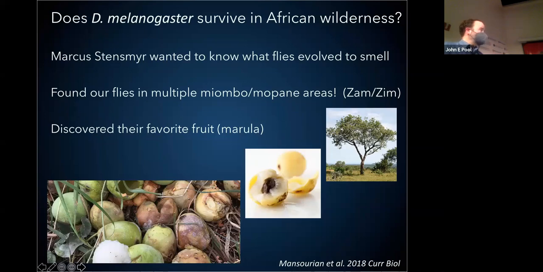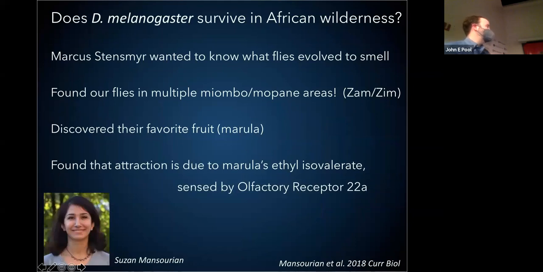But what's really impressive is that in one study, he and his postdoc at the time, Dr. Suzanne Mansourian, bridged those natural history observations to precise molecular details in terms of figuring out which specific compound in marula the flies are attracted to the most, and which specific fly olfactory receptor is primarily responsible for that attraction.